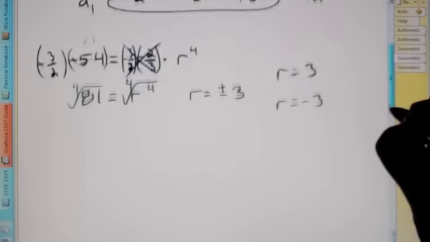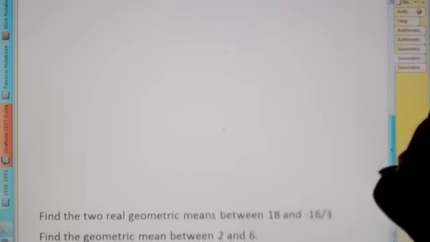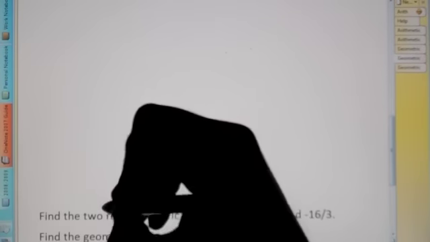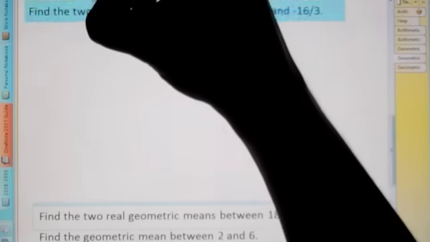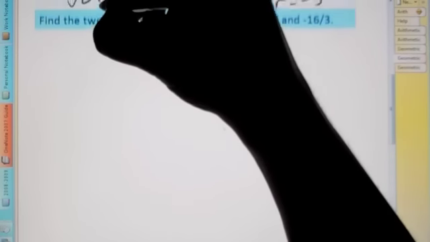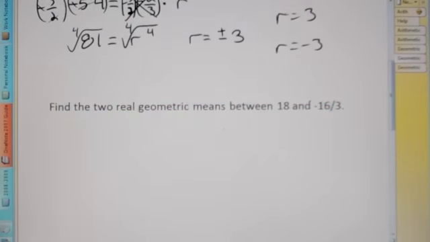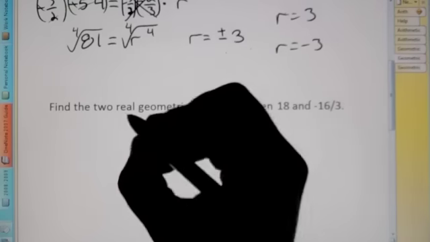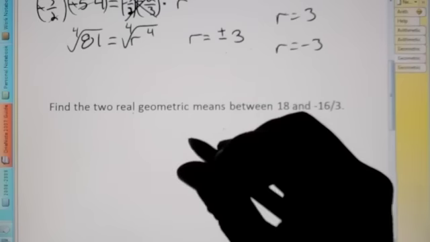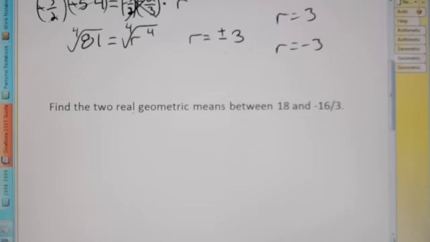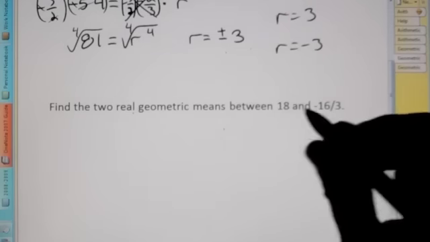Alright, our next problem. Find the 2 real geometric means between 18 and negative 16/3. Now, when you're just trying to find the geometric means between 2 numbers, oh, we're not there yet.